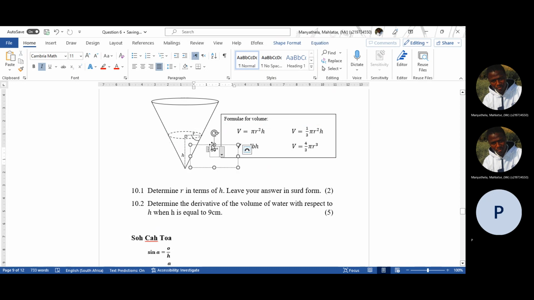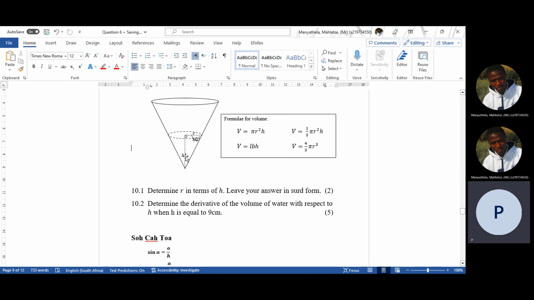When we are looking at this angle, this side, R, will be our adjacent, and this edge, the height, will be the opposite side because it's opposite the angle that we are given. So this is the adjacent, this is the opposite.